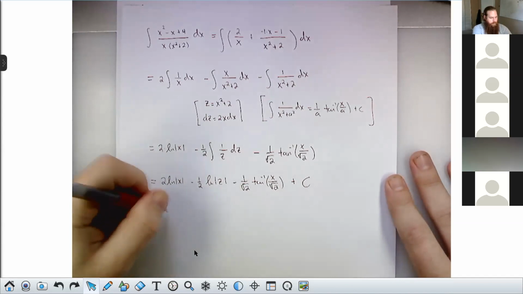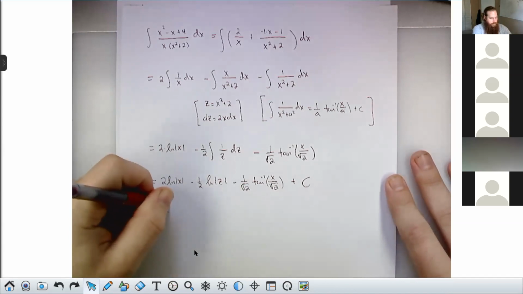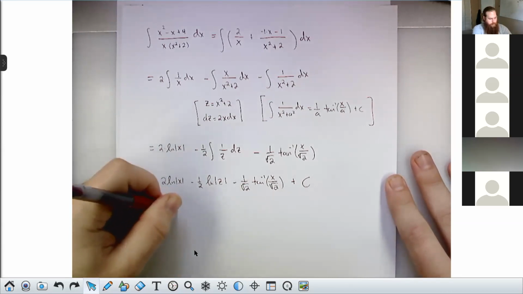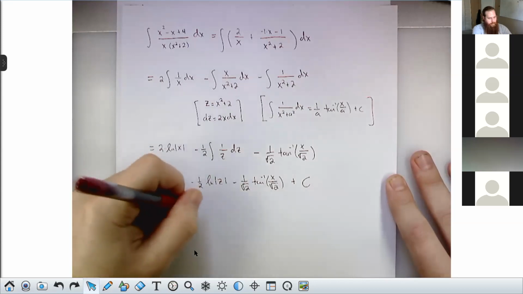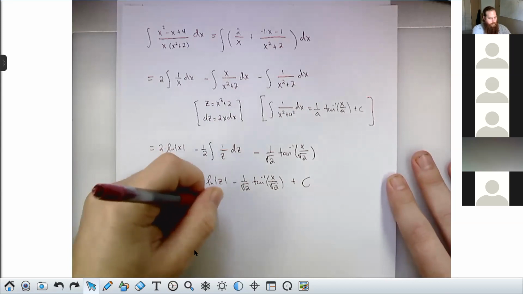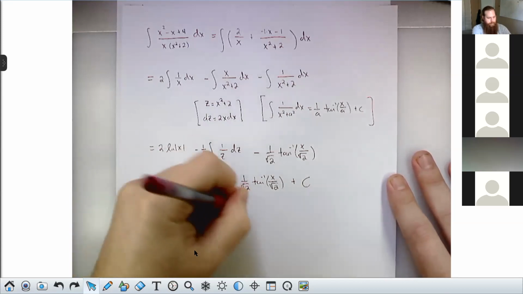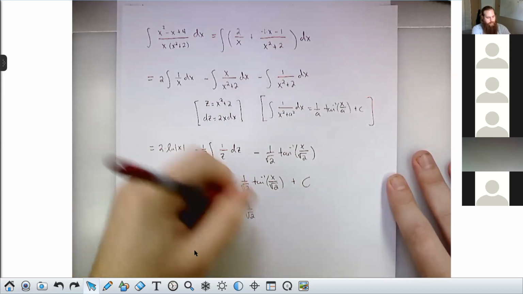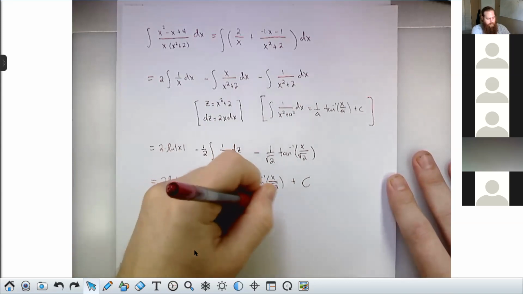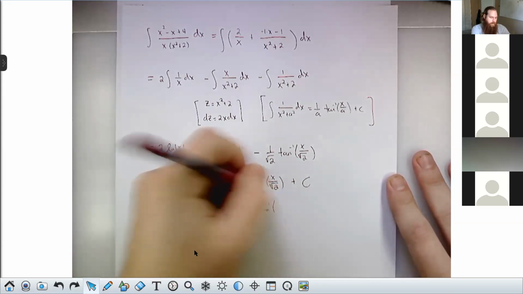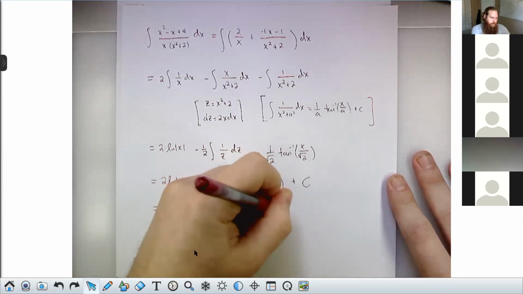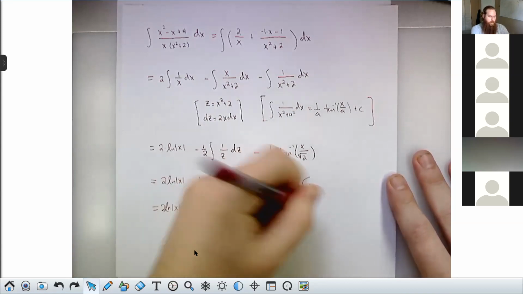So this is 2 ln absolute x minus 1/2 ln absolute x squared plus 2 minus 1 over root 2 times the inverse tangent of x over root 2 plus a constant.